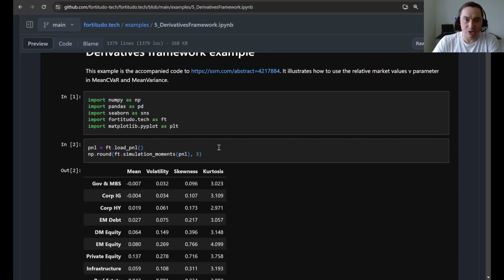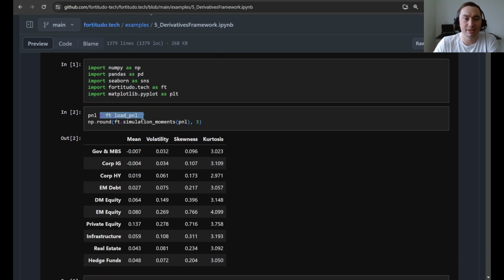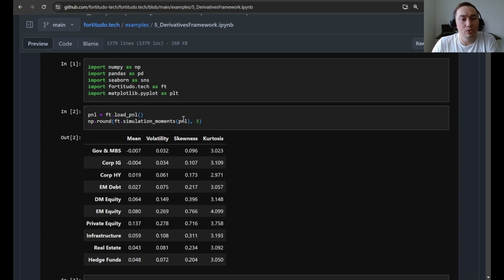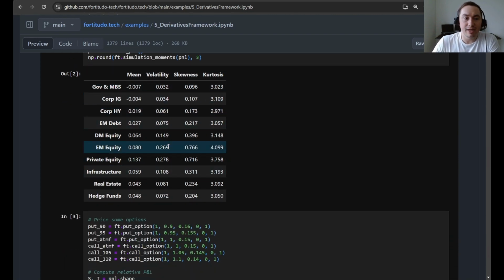So again, we just import the packages that we need, and we start by loading this log normal P&L that we have been working with before. You can imagine that this is equivalent to a Black-Scholes model, because it also assumes that the P&L is log normal with this geometric Brownian motion.